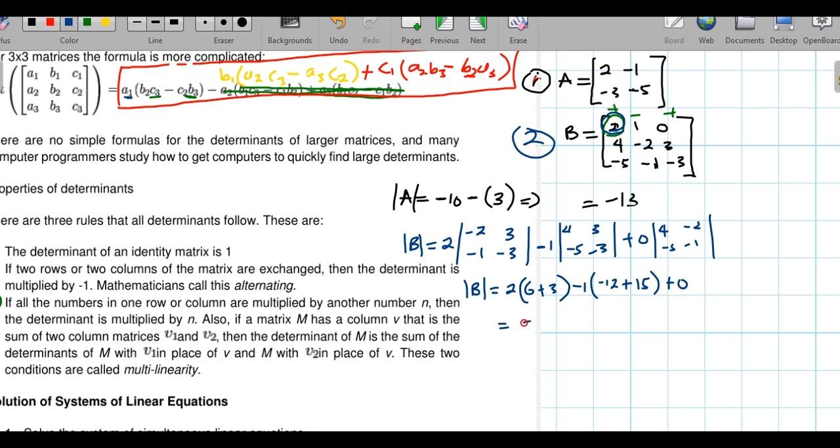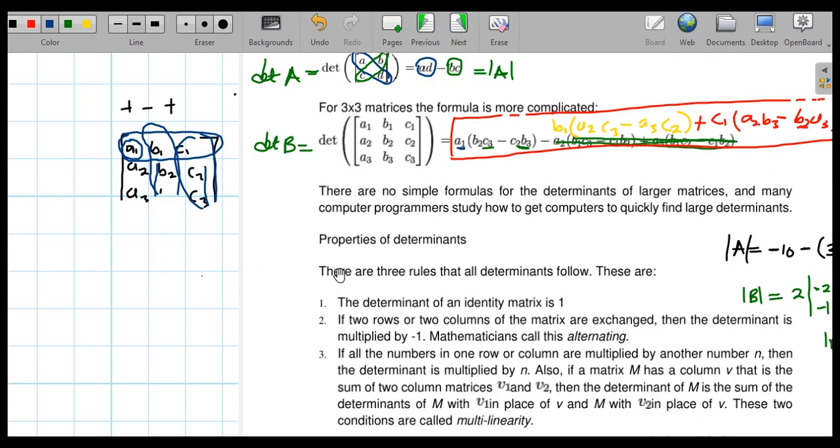So the determinant is going to be 2 multiplying 9 minus 1 multiplying 3. This is 18 minus 3, which is equal to 15. So the determinant of matrix B is 15. Now let's look at some properties of determinants.